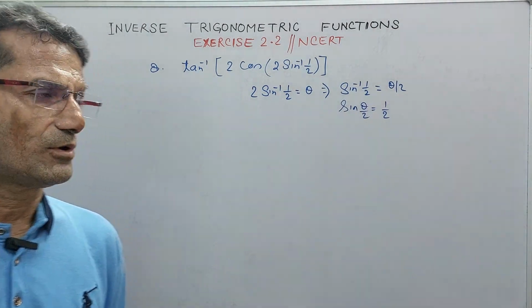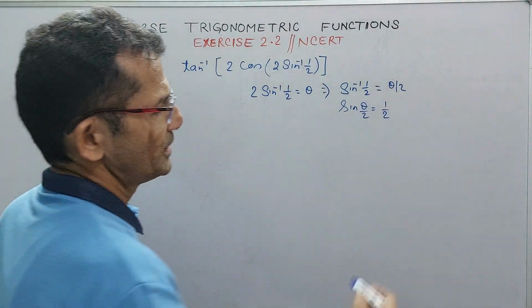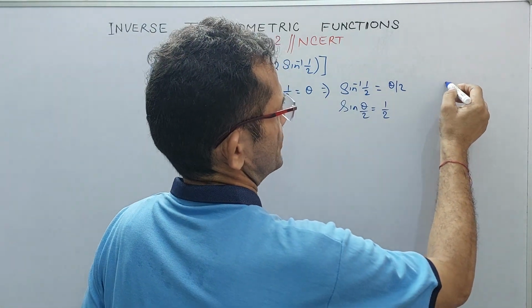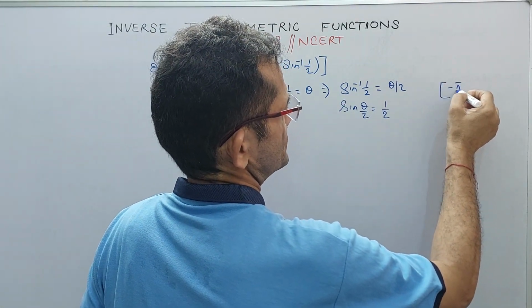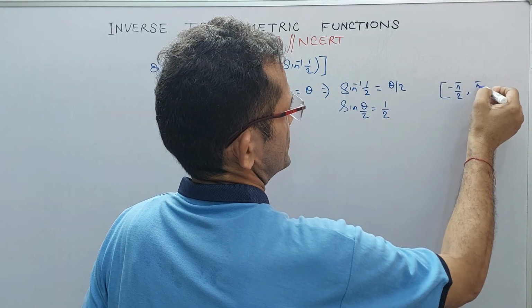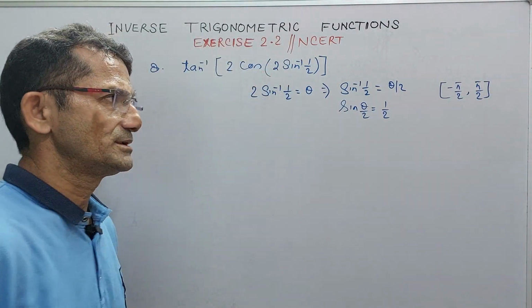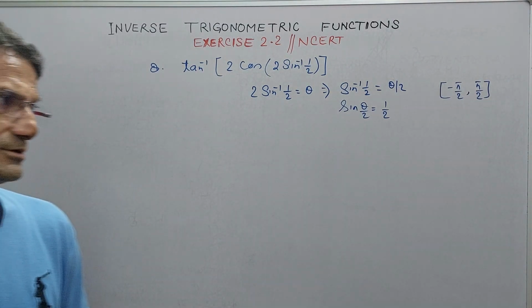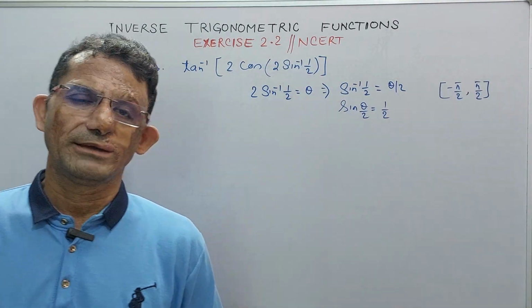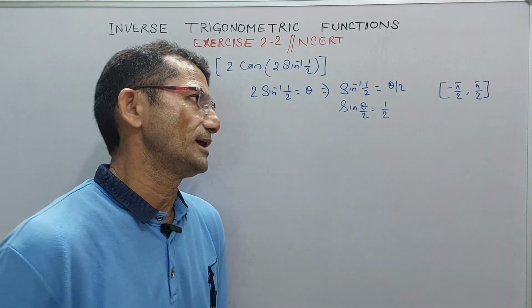We have to consider only the principal value branch. In case of sine inverse, the interval is from minus pi by 2 to pi by 2. If it is not mentioned, we consider only this principal value branch.